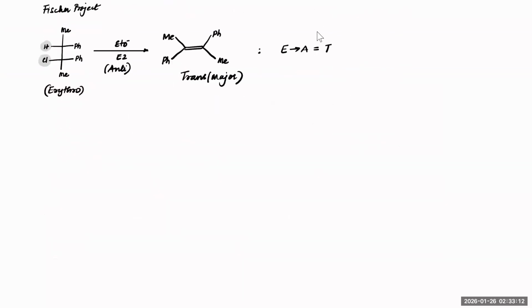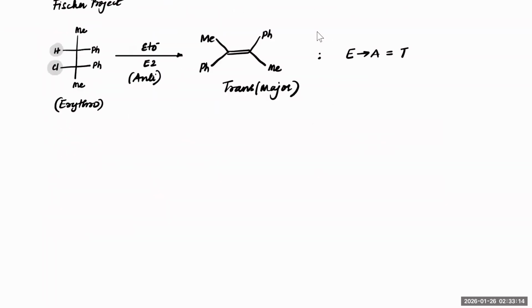Got it? What if four groups are different? How do I decide, sir, whether it is cis or trans? Suppose the same question is given, but here I have ethyl and another group, let's say hydrogen. In such a case, how do we decide what is cis and what is trans here?